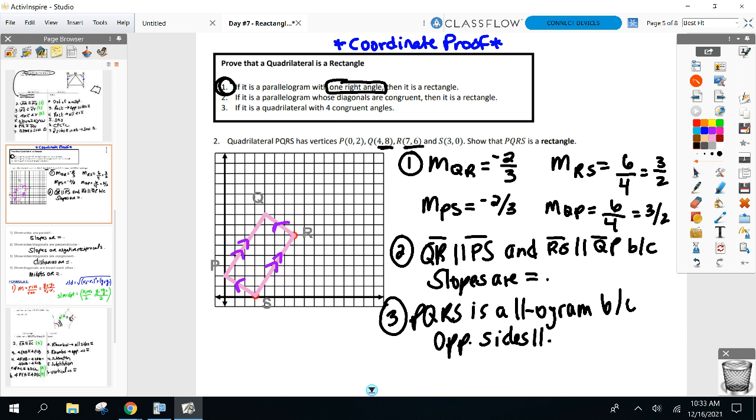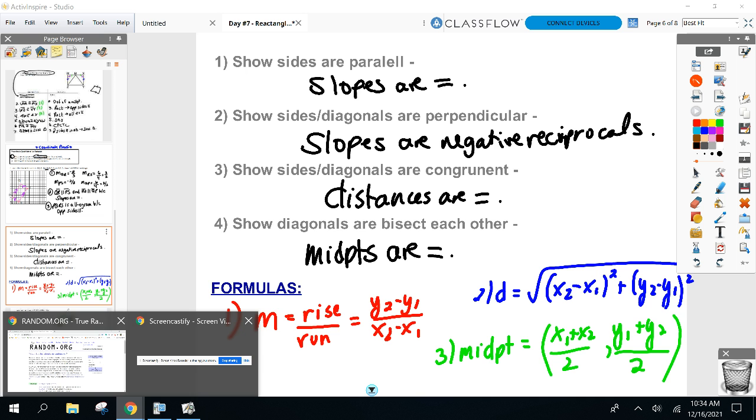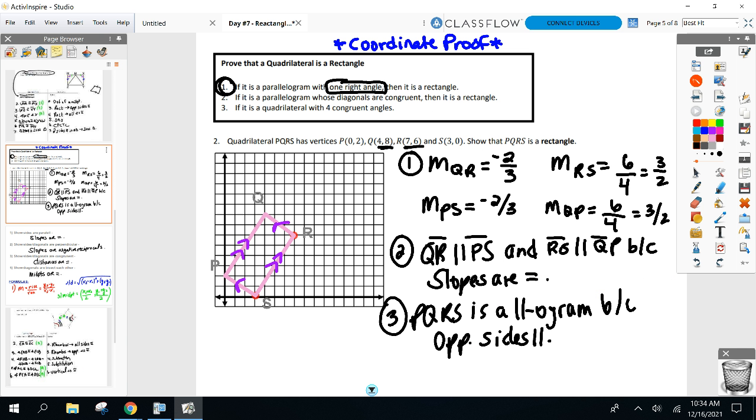All right, so we keep going now. How are right angles formed? Oh, wait. Do we have any perpendicular lines? Let's see. To show perpendicular lines, we show slopes are negative reciprocals. Look back at the work we did for slopes. Do we have any slopes that are negative reciprocals?